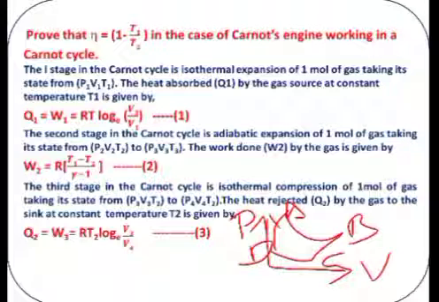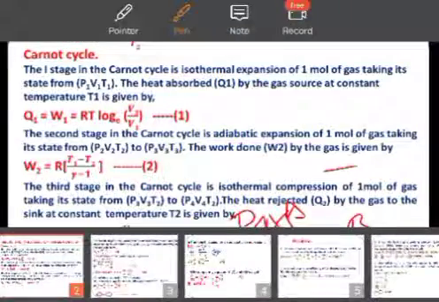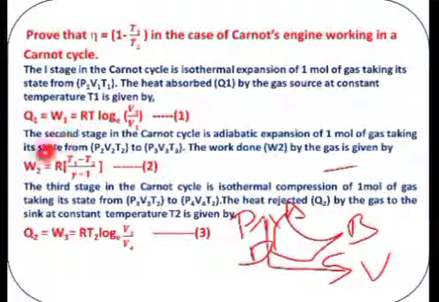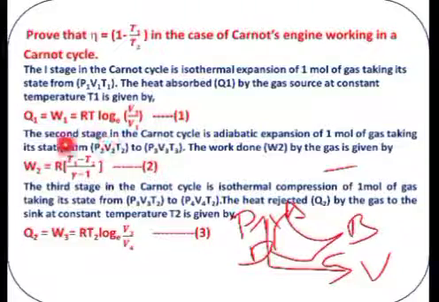The work done W2 by the gas, we again discussed the derivation, is due to the adiabatic process. Based on that expression, we are going to learn this Carnot cycle for this curve.